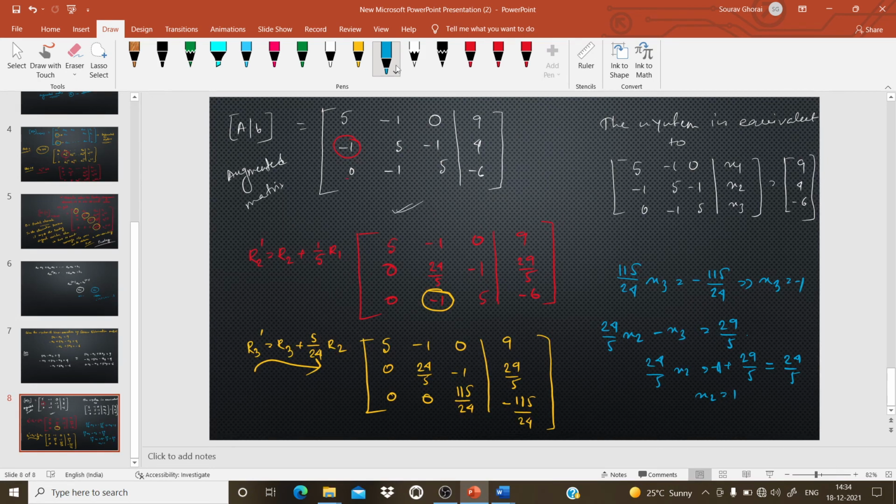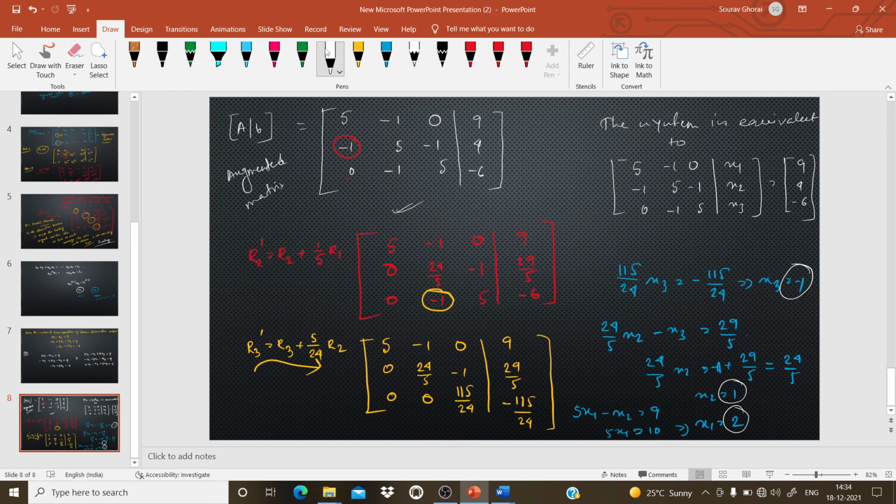And from 5x1 minus x2 is equal to 9, if we put the value of x2, 5x1 is equal to 10. This will give x1 is equal to 2. So from here we can say that the values are 2, 1 and minus 1.